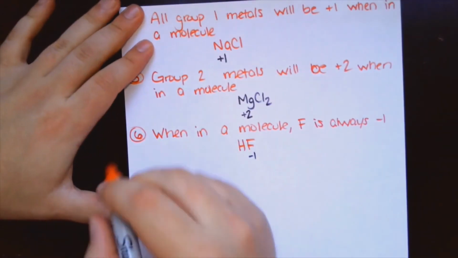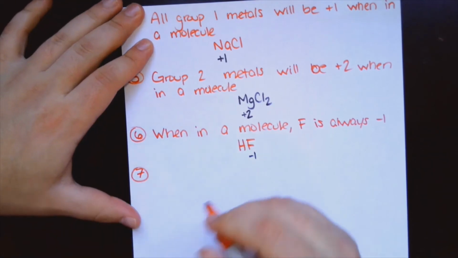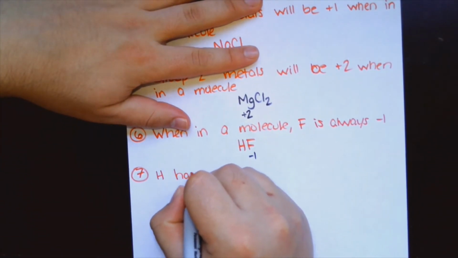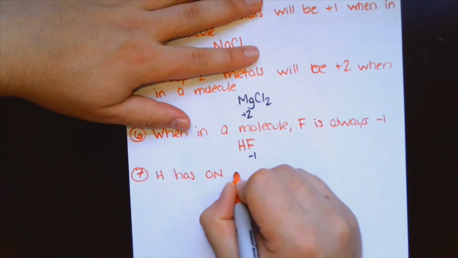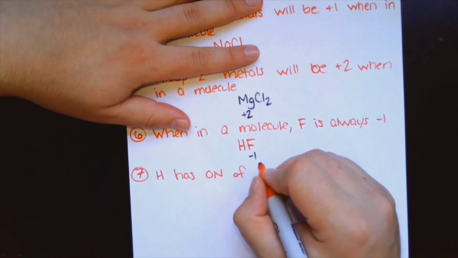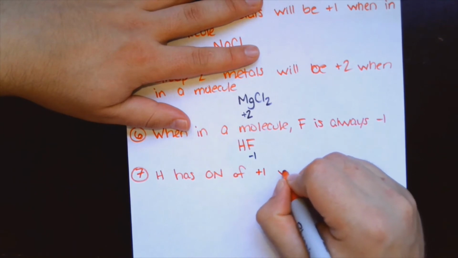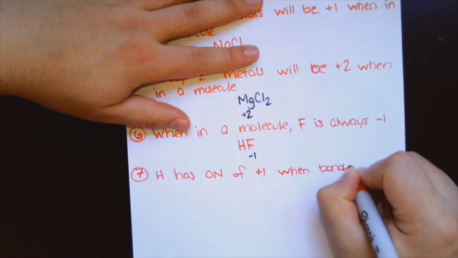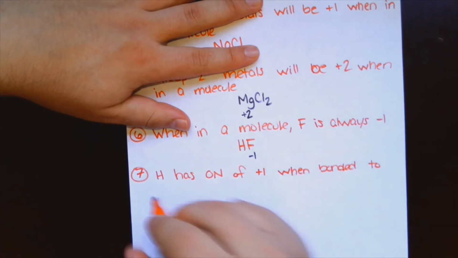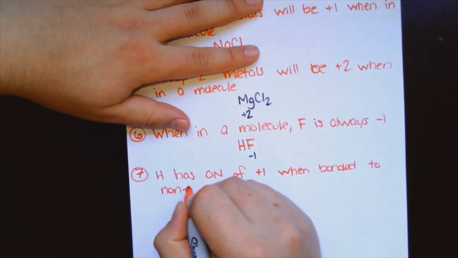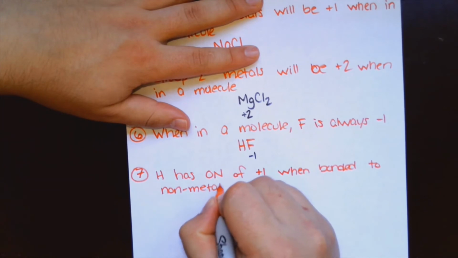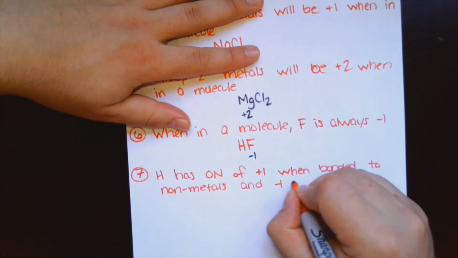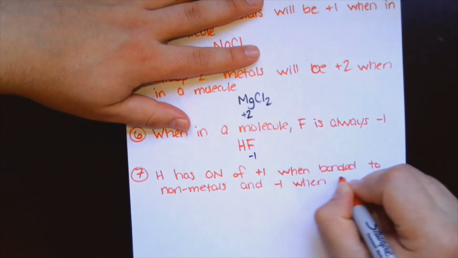Alright, rule 7. Hydrogen has an oxidation number of +1 when bonded to nonmetals, and -1 when bonded to metals.